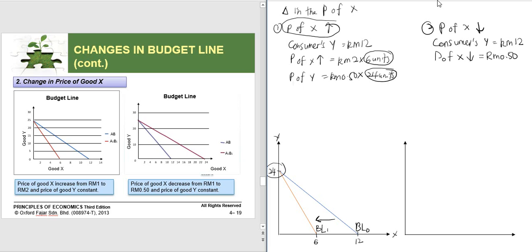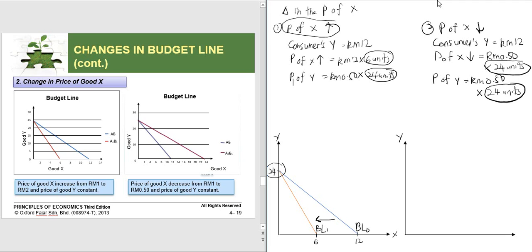So how much of X the consumer can buy is now increasing to 24 units. And the price of product Y is constant, which is 50 cent, so the consumer can still buy the same amount of Y, which is 24 units. So 24 units of X and 24 units of Y.